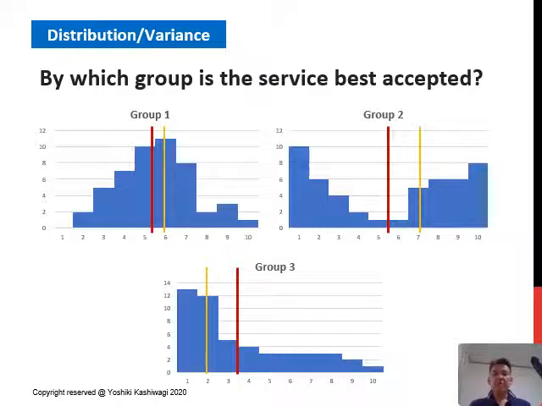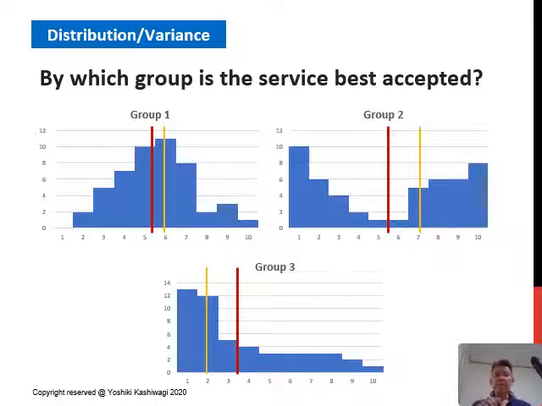So how about group 3? This is another distribution. But in this case, the average is 3.5 or something. But if you look at the median, which is the middle number, that's 2.